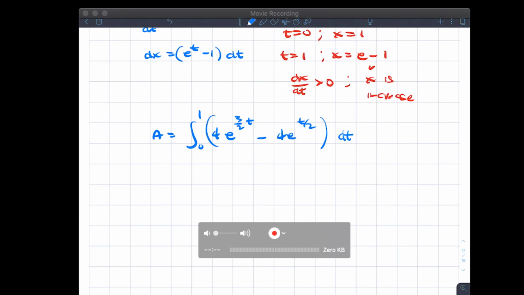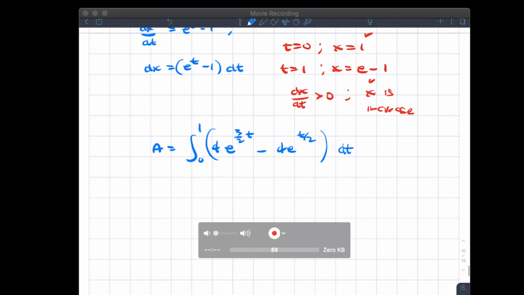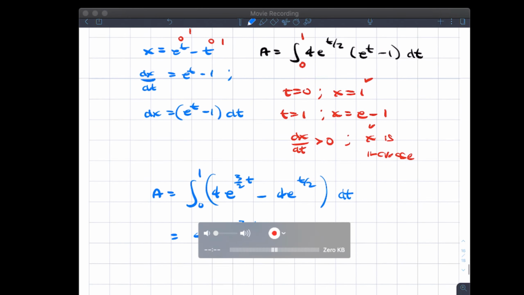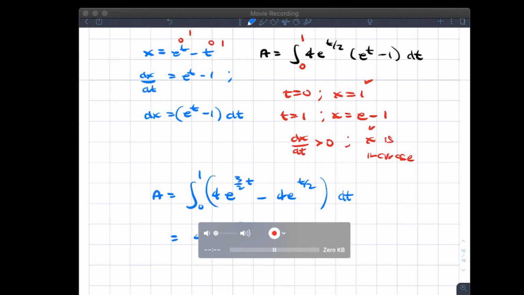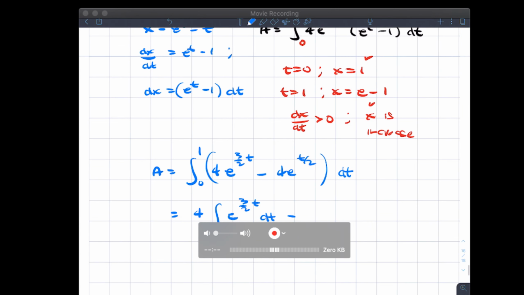So this is integrable by properties of integrals. We can say 4 integral of e^(3/2 t) dt minus, is there another 4? Let's double check. We've got to be careful. Yeah, there is. So it's going to be minus 4 e^(t/2) dt.